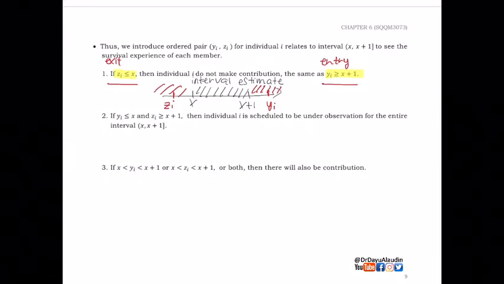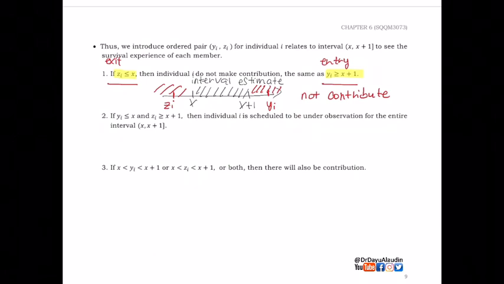In this situation, we consider that subject I does not contribute to the interval estimate, because the entry age is after the interval estimate, or the exit age is before the interval estimate. So we conclude that this subject does not contribute.